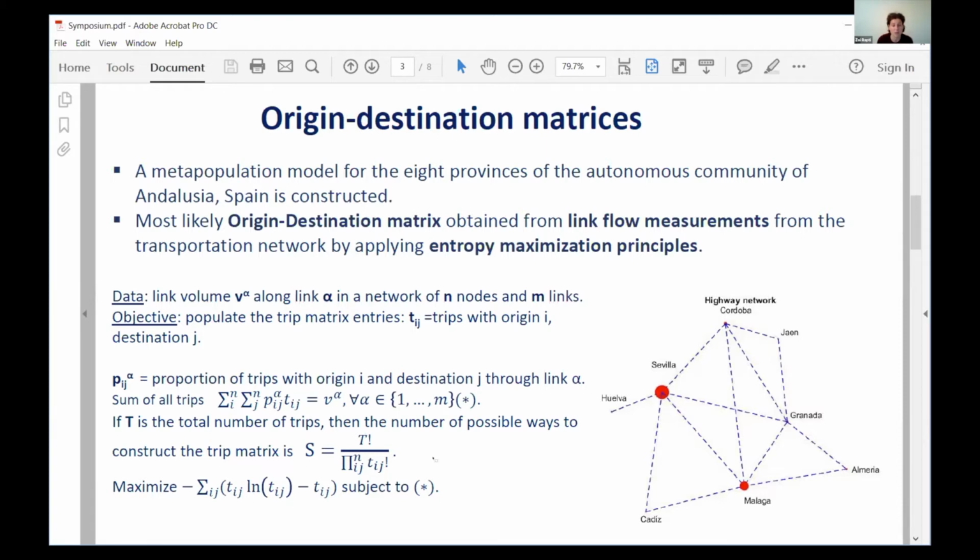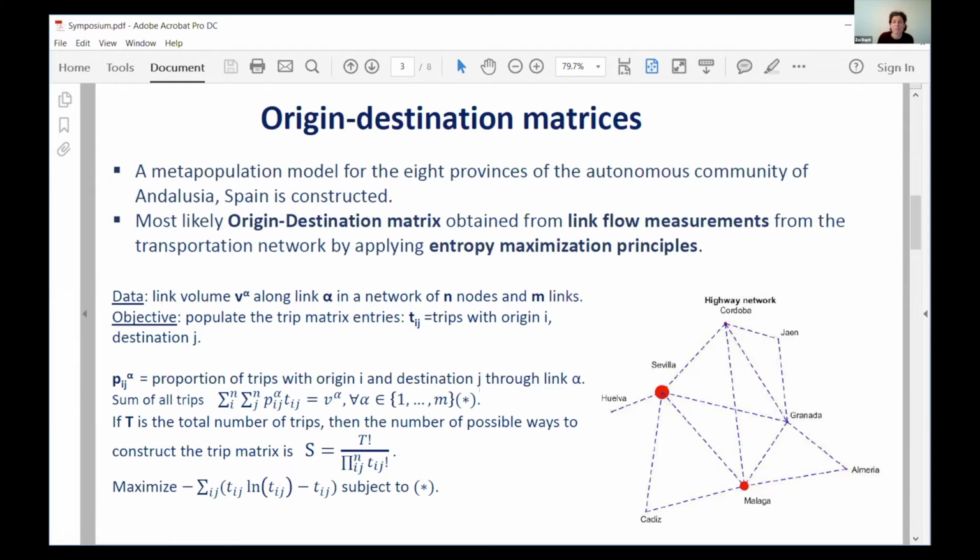What we are trying to do is maximize this S, which we call the entropy, based on the constraint star. So the idea is that the higher the entropy, the more information content we preserve from the observed traffic counts.